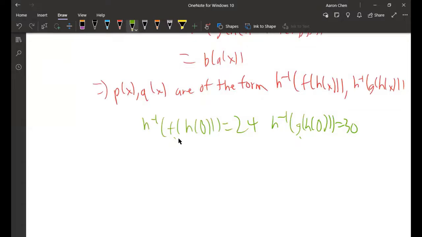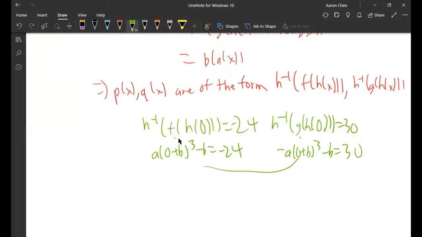And when we plug this in, we are basically solving the equations a times (0 plus b) cubed minus b is equal to negative 24. Oh, sorry, this is negative 24. And negative a times (0 plus b) cubed minus b is equal to 30.